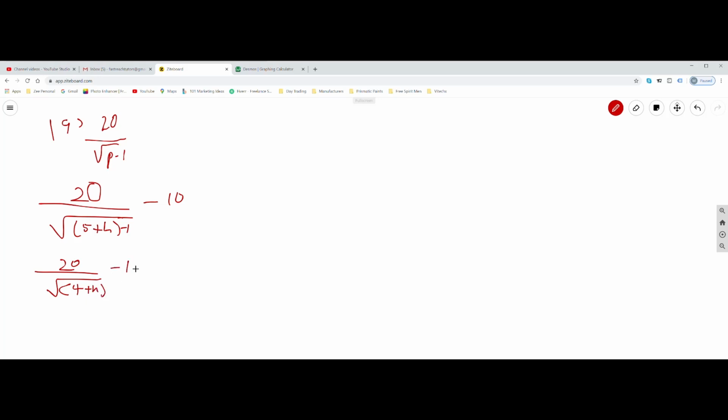So this, we need to rationalize the denominator. So we're going to multiply the top and the bottom by this radical. So 20 over square root 4 plus h, minus 10 square root 4 plus h, over root 4 plus h.